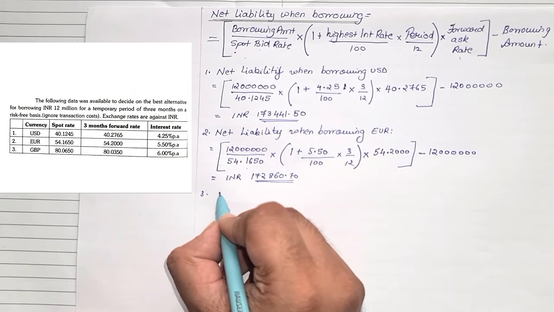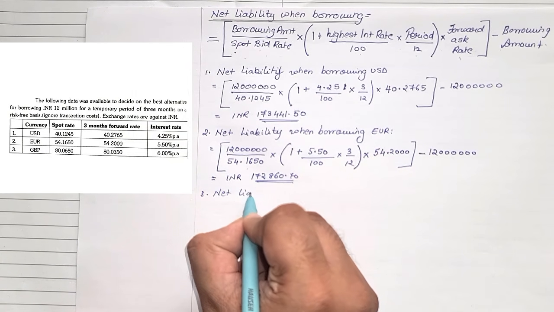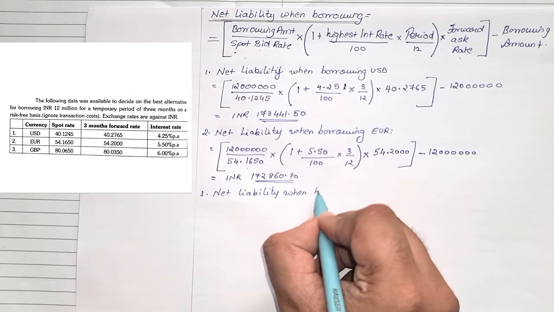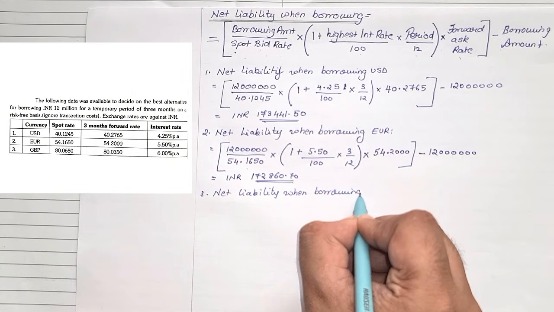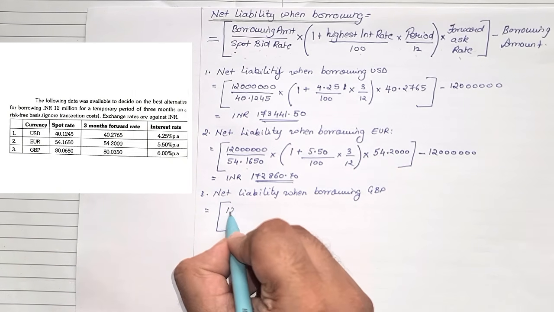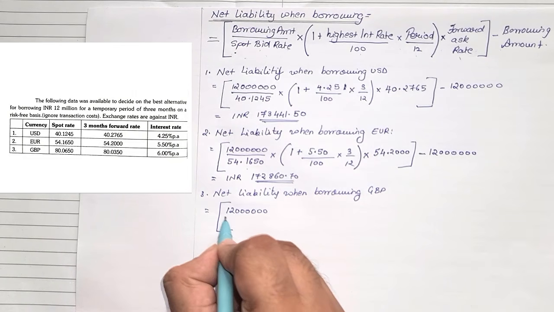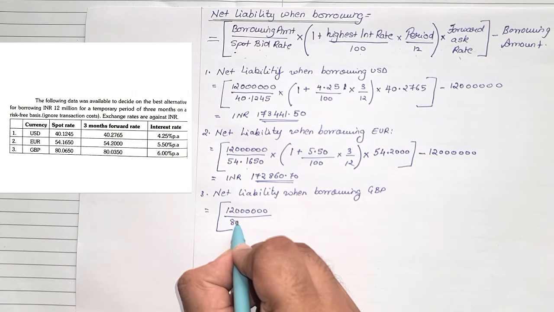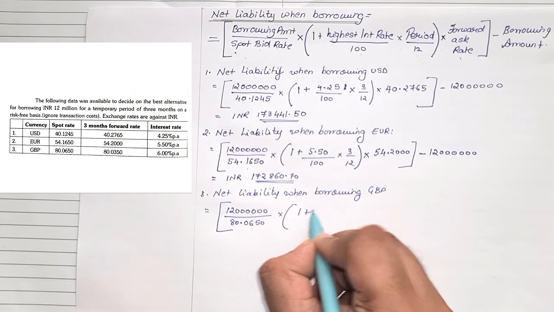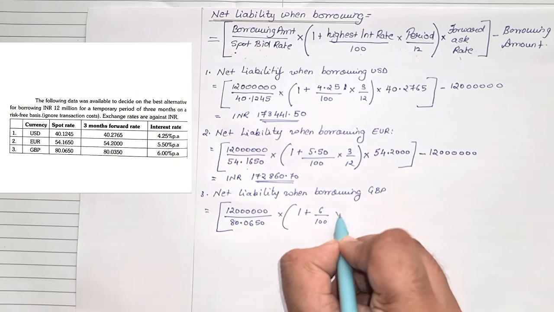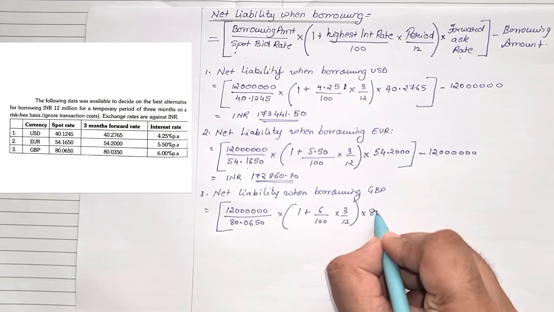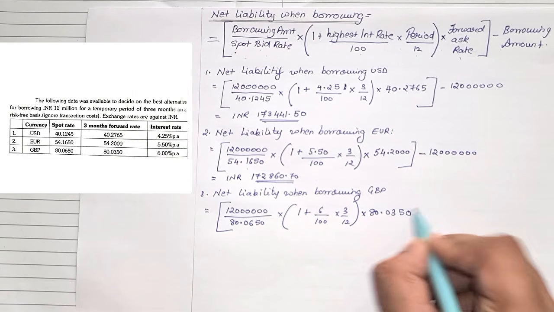They are giving you GBP, so we'll take that net liability when borrowing GBP. Again, the formula remains the same, 1 crore 20 lakhs upon the spot rate which is 80.0650 into 1 plus the rate of interest is 6%, so 6 upon 100 into 3 by 12 into the forward rate which is 80.0350.